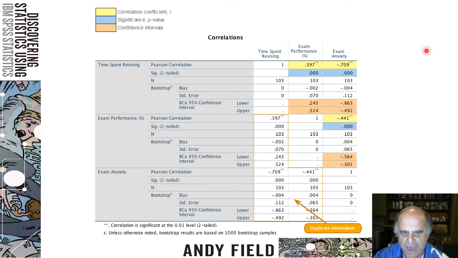And you can see we also get our bootstrap results. The bootstrap results are the 95% confidence interval for the correlation. Now, I don't know if they went through this in stats one. Of course, there's differences in how people think confidence intervals should be interpreted.